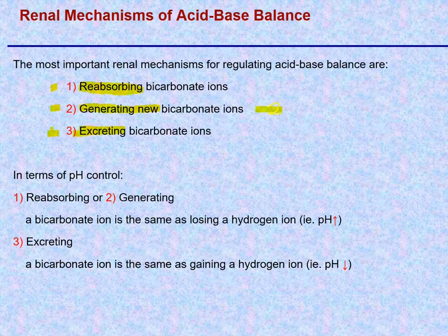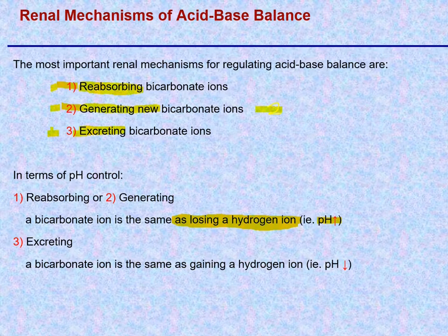You should realize that the first two, reabsorption or generating a new bicarb, so that it goes into the body, is equivalent to losing a hydrogen ion. The effect on the body's pH balance is that these two are equal to losing a hydrogen ion, and therefore cause the pH to rise.